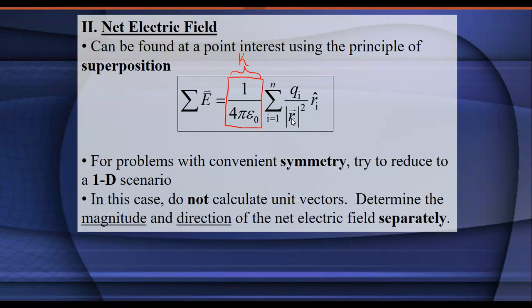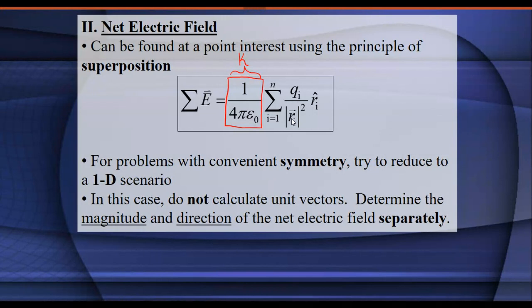And I said if you can find convenient symmetry in a problem and reduce it to a one-dimensional scenario, then you do not need to calculate unit vectors. In that case, it's a lot faster just to calculate the magnitude and direction of our net electric field separately, like how we did in Physics 30.